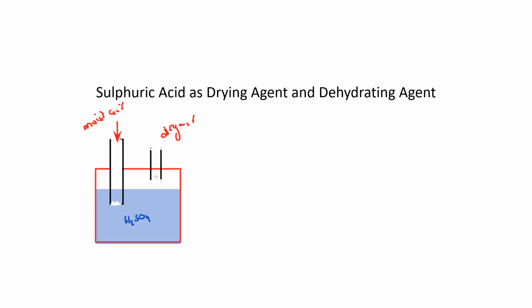So in this case, we call sulfuric acid a drying agent. What happens? The moist air contains nitrogen, carbon dioxide, oxygen, other inert gases, and water molecules. When these gases are passed through, the sulfuric acid will attract the water molecules.